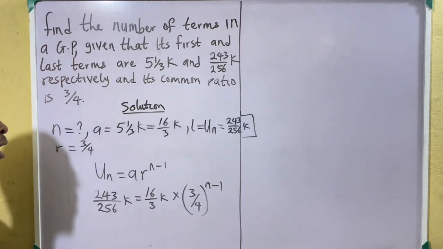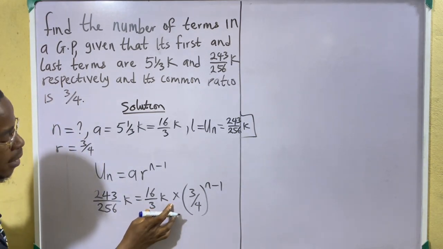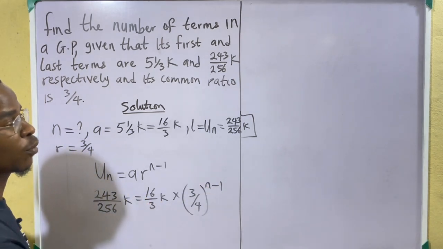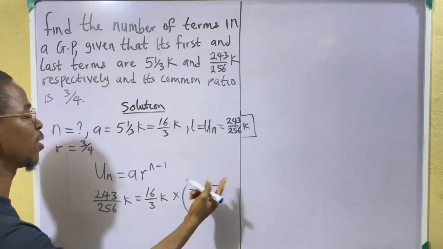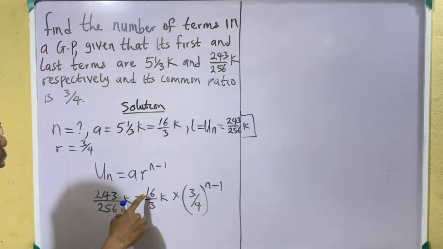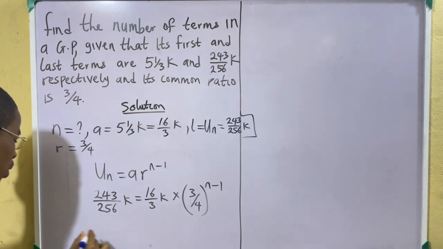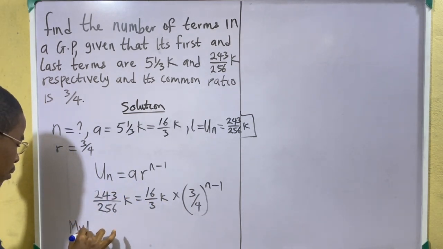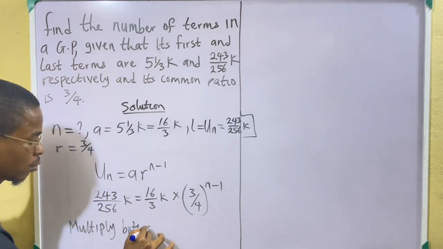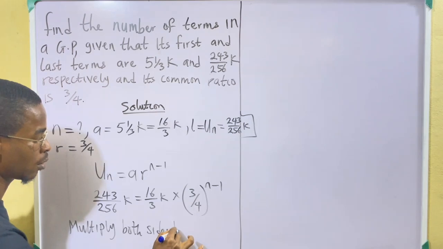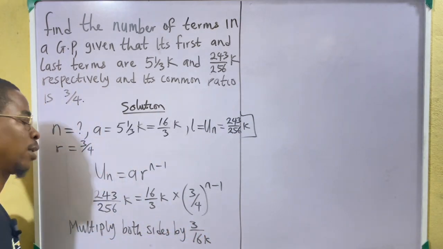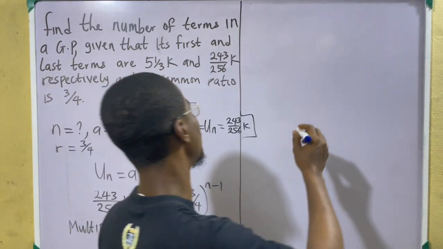Now with this done, let's see how we can eliminate this 16 over 3k here. We are solving towards n. So let's see how we can make n to be alone on this side without any other number. So how do you remove 16k over 3? You can simply multiply both sides by 3 over 16k. If we multiply this, let's see what will happen.